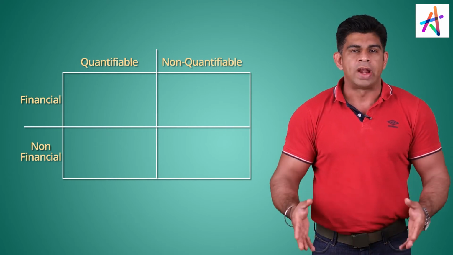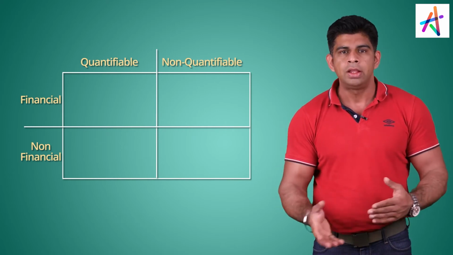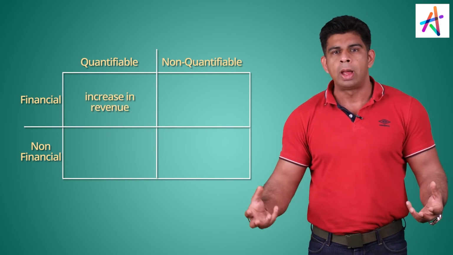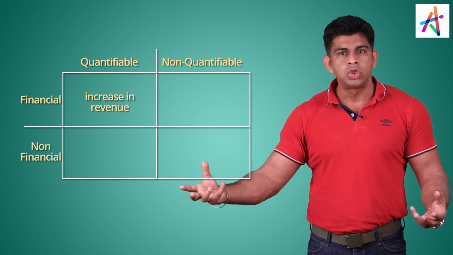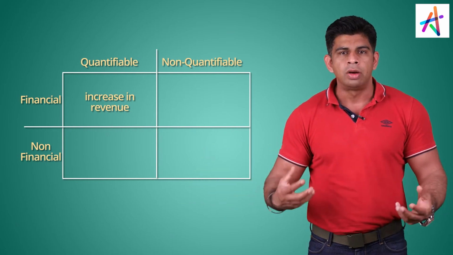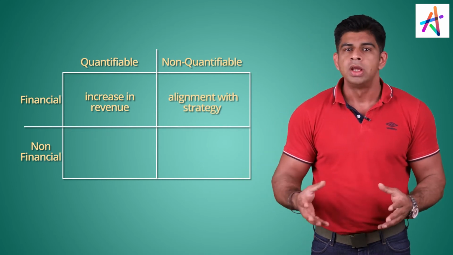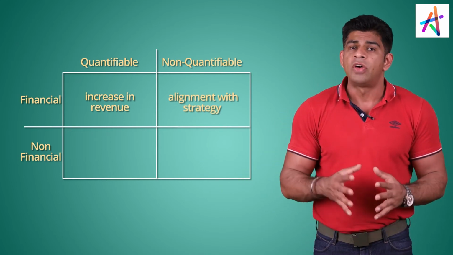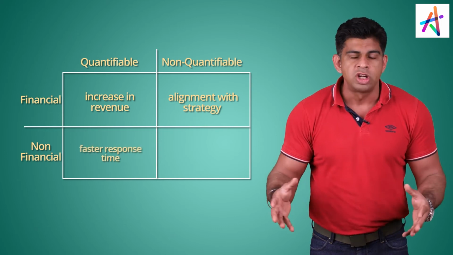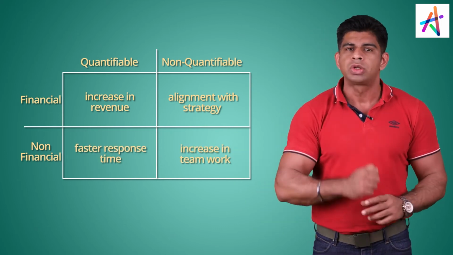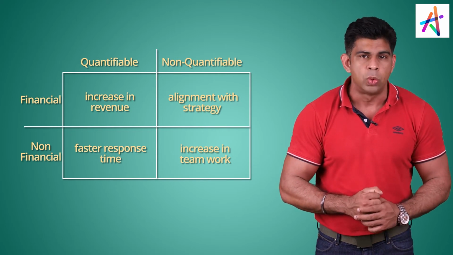Quantifiable could be financial, which is again, how much the benefits are increasing. Non-quantifiable could be again financial, which is where we are getting some sort of benefit while aligning with the strategy, right? And non-quantifiable or non-financial would be faster response time. You're able to do it faster, which eventually is going to tie back to your financial terms as well, right?